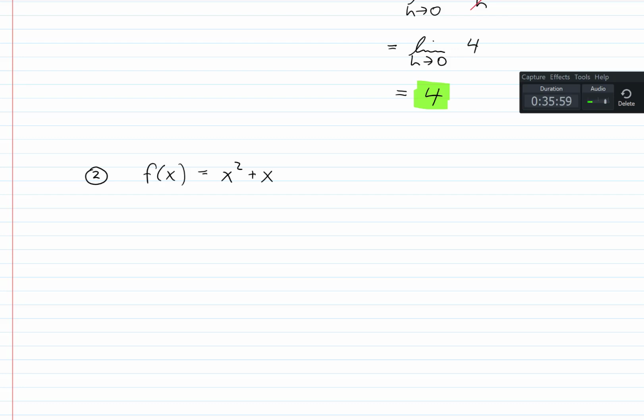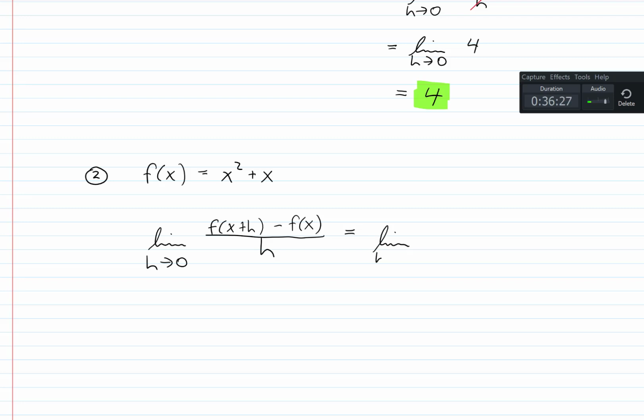Okay, so we're going to try to find the limit of f of x plus h minus f of x over h as h approaches 0. Okay, so first let's write down what we have, and then we'll try to simplify it.